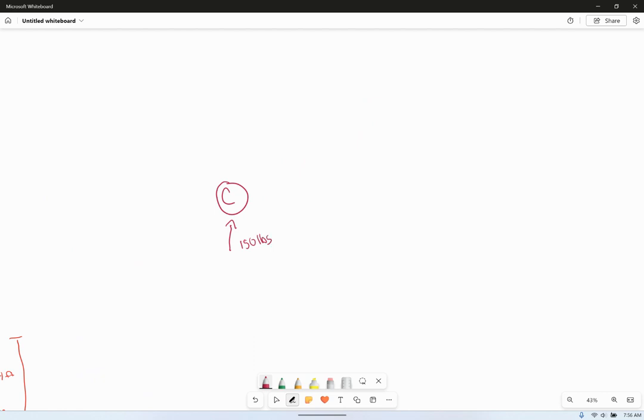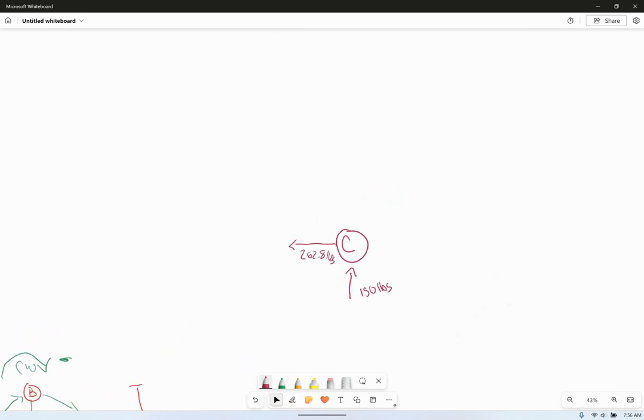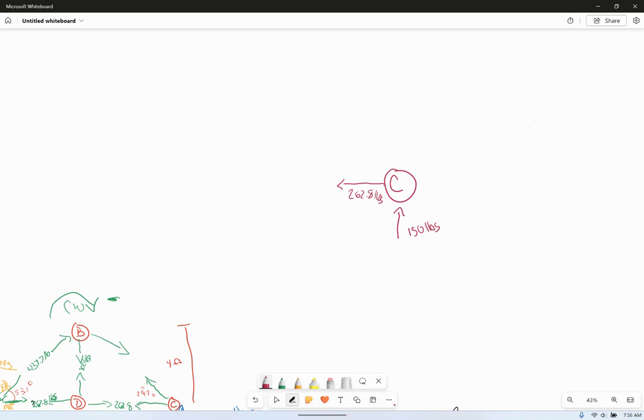I know at joint C, I have 262.8 pounds, which is a go right. And I do not have this member BC, which I have assumed is going this way. That's the piece that we need to solve for, our vector BC.